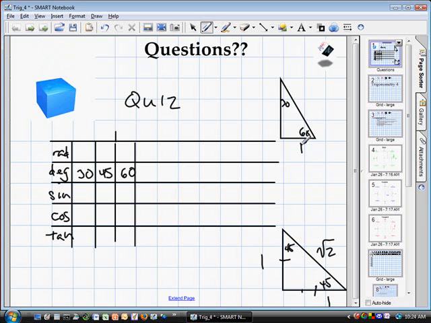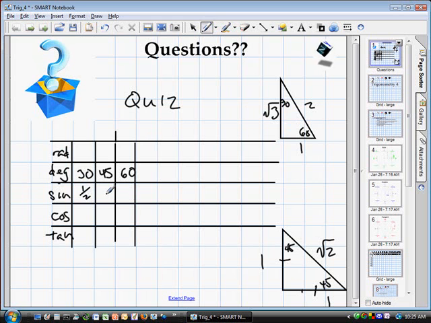Side opposite the 30 is half the hypotenuse. If you want, I can show you the Pythagorean theorems I used to get those. But anyway, based on that, what's the sine of 30 degrees? You can look over to this triangle and go, okay, leg opposite over hypotenuse.